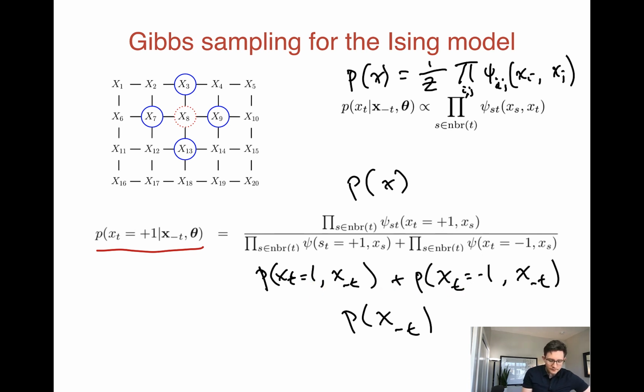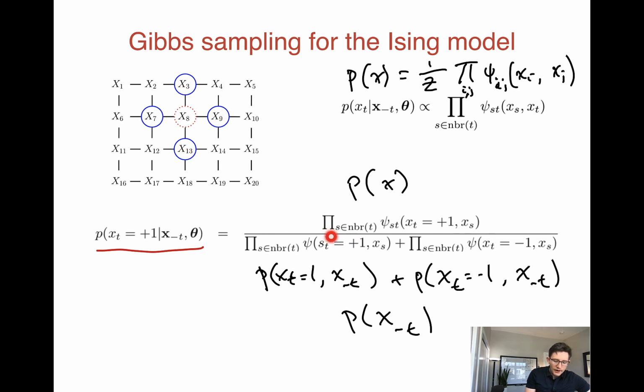Now notice that if I were to write this all out explicitly, any potential that didn't involve xt itself would come outside of this sum and would cancel on top and bottom. So that's why what I've written here is a product over just those variables s that are neighbors of t, which in this case would be, again, x3, 7, 9, and 13.